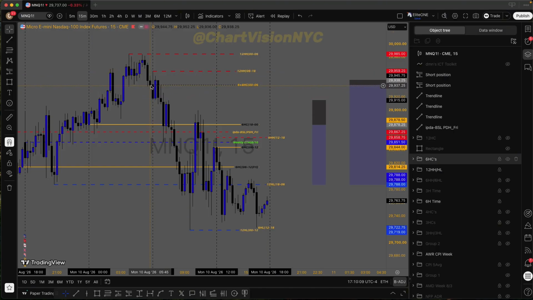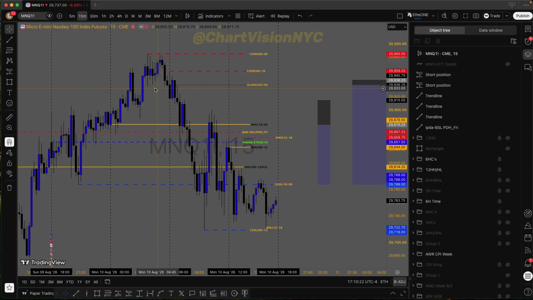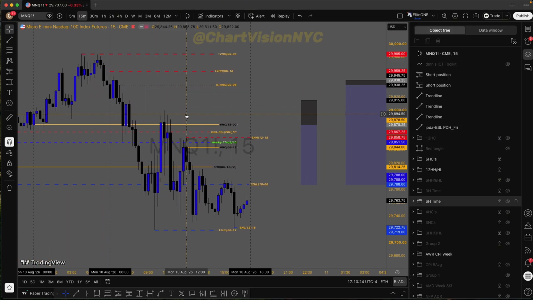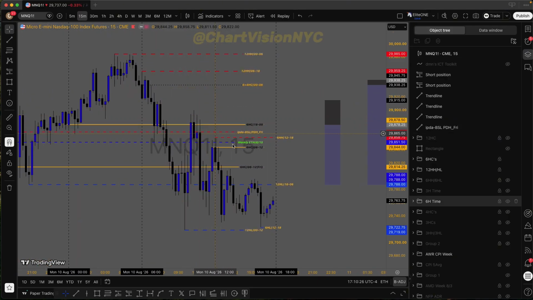But you see how it opens at 9:39, so just 3 handles above the close of the previous 6-hour period. These are the most pertinent key levels.